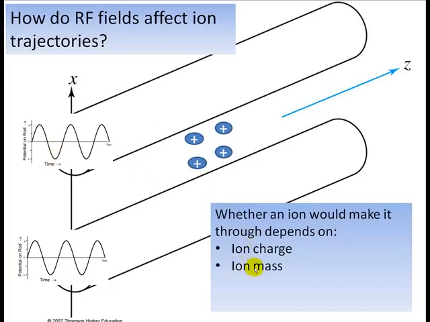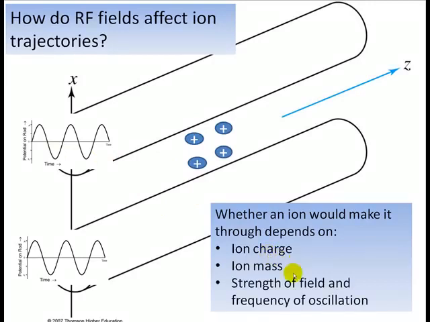If the ion mass is low, if it's a light ion, it's going to accelerate quickly, and that too increases the probability that it will smash into the rod when the rod is negative. What else is a factor? The strength of the field is an important factor. The stronger the field, the more likely it is that the ion will smash into the rod when it's negative. Also, the frequency at which the field flips back and forth from positive to negative is another factor.